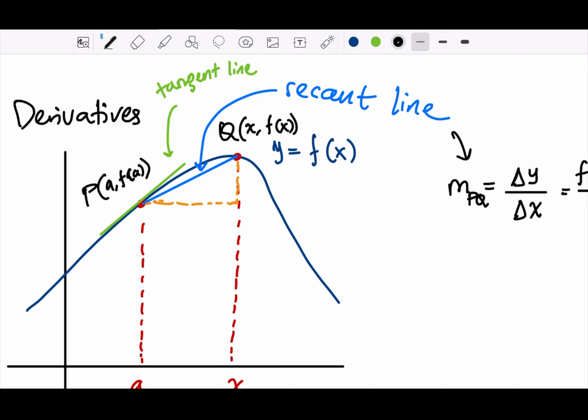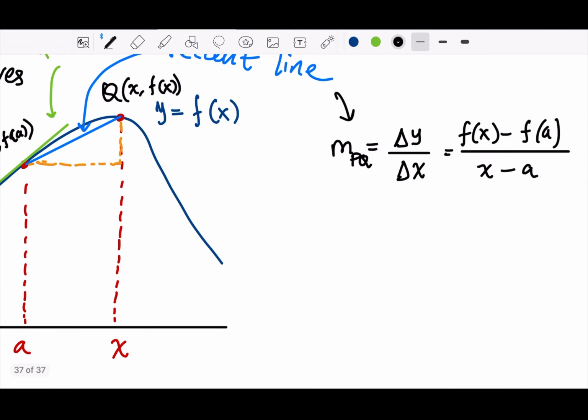Because we are getting close, we can also have definitions. As I mentioned, the tangent line.